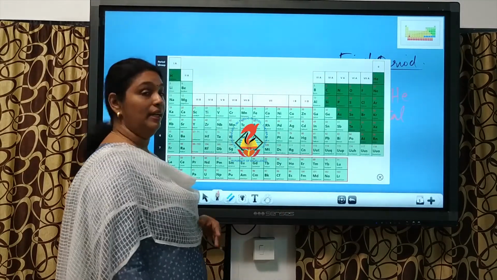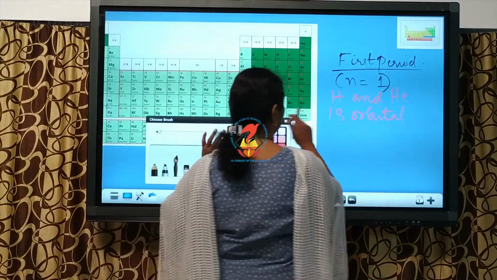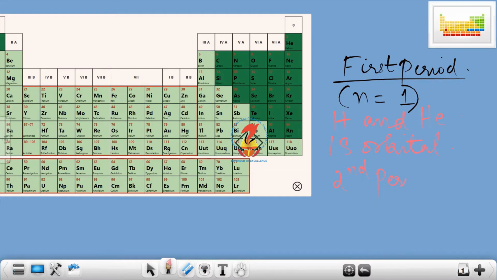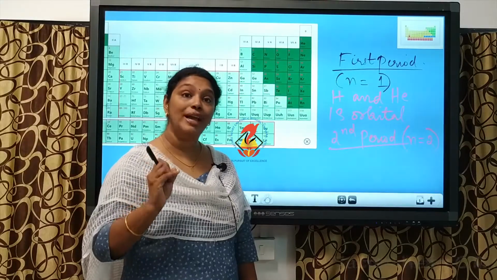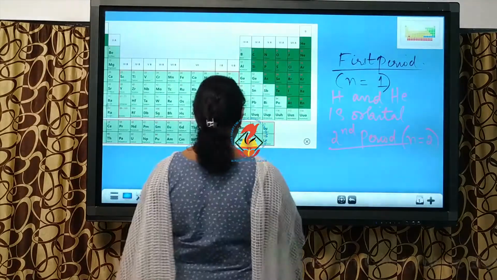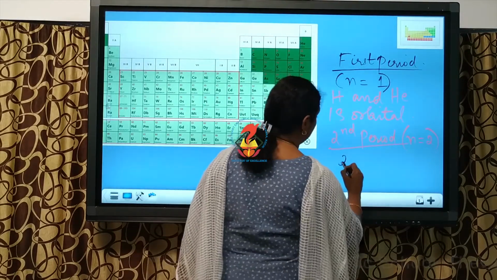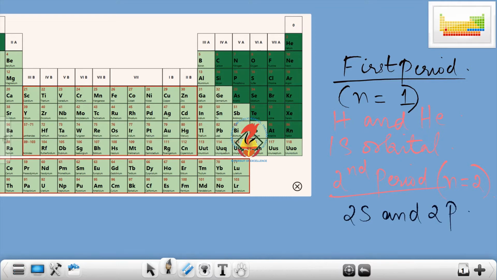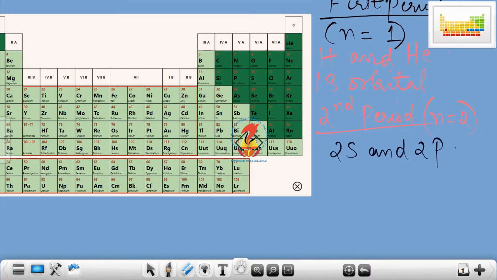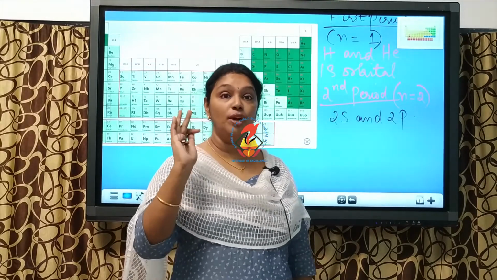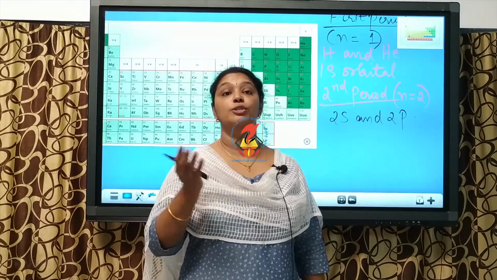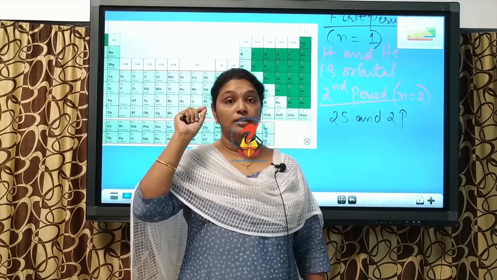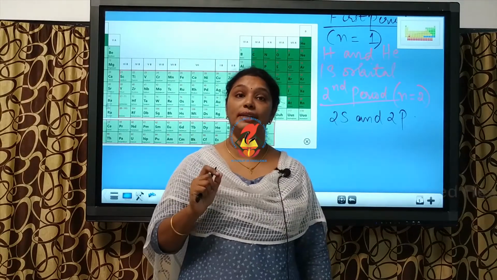Now let's come to the second period. For the second period we have n equal to 2, and the 2s and 2p orbitals get filled. 2s can have 2 electrons, and for 2p we have 3 p orbitals, 2px, 2py, 2pz, so the total number of electrons that can be accommodated in 2p is 6.